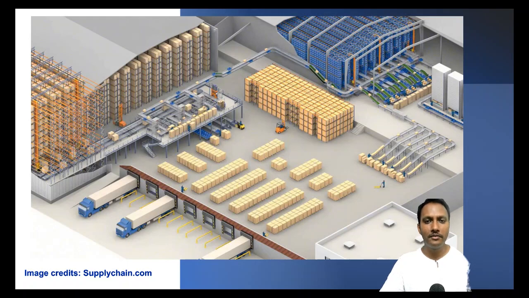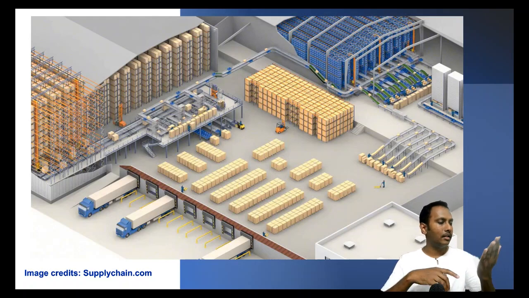Using the advanced warehouse management functionality, you will be able to drive your warehouse worker to go and store a particular product in a specific location within the warehouse. You can drive the warehouse workers through a mobile device.